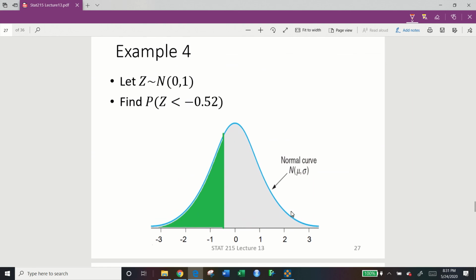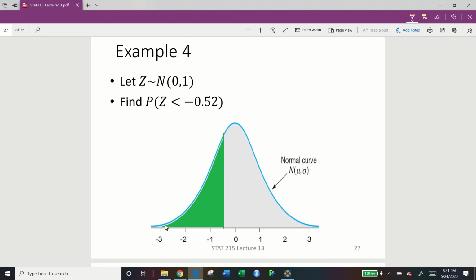So at this point, let's go ahead and do another example. We're still going to assume we're working with a standard normal distribution, so we'll let z follow the standard normal distribution, mean 0, standard deviation 1. In this case, we would like to find the probability of z being less than negative 0.52.